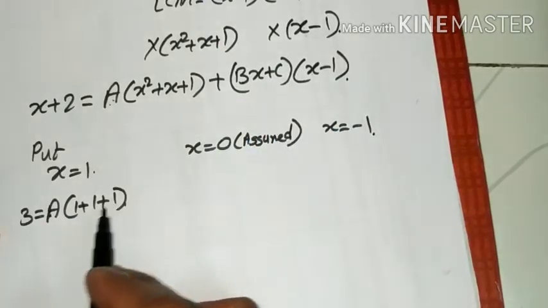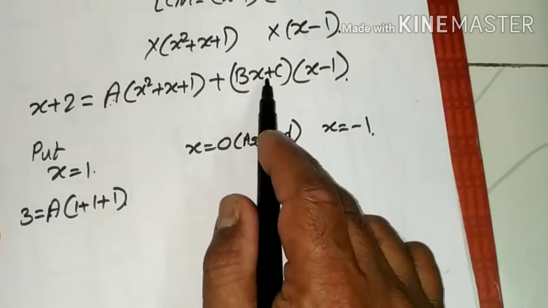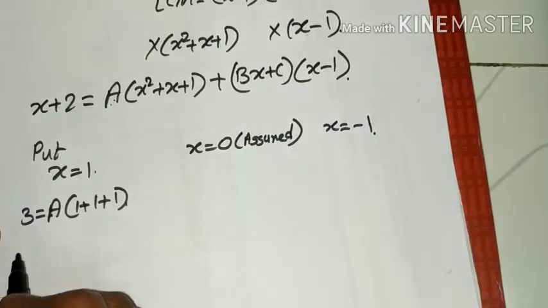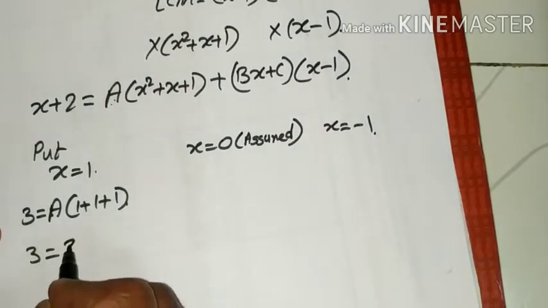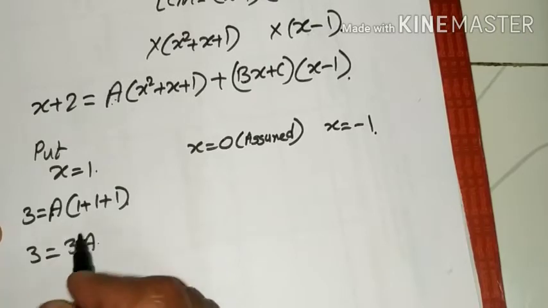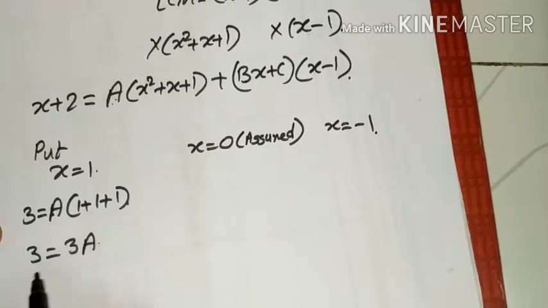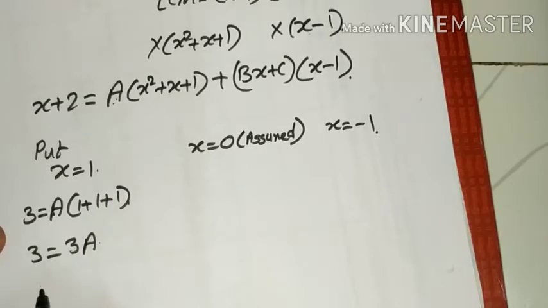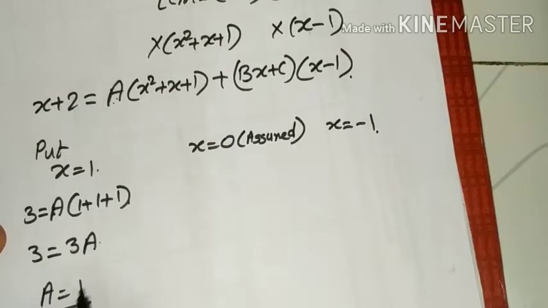Therefore the second term vanishes and we get 3 equals 3A. Then transferring 3 to the left side, we get A equals 1.